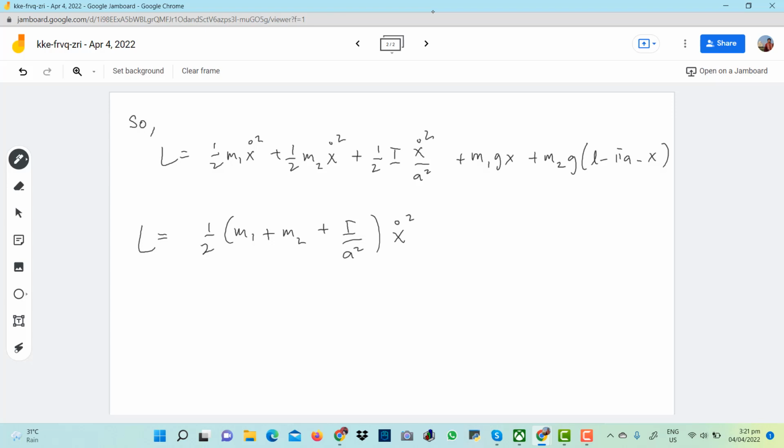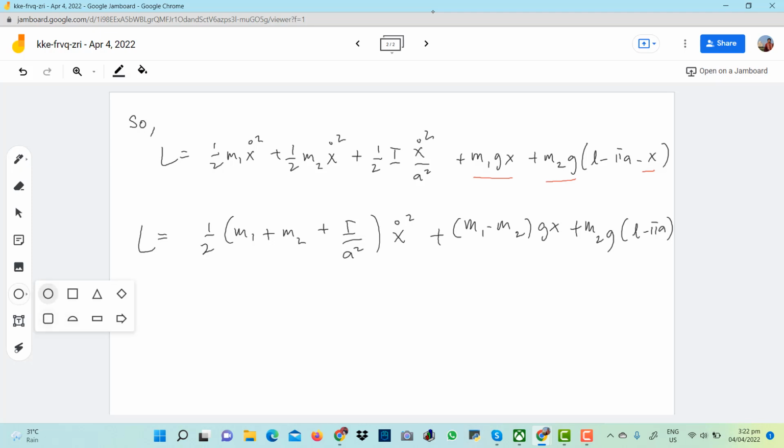Then I combine the m1 g x and m2 g x terms to get m1 minus m2 times g x. What remains is m2 g, which is constant, times L minus pi a. Okay, so this is the Lagrangian of my system.